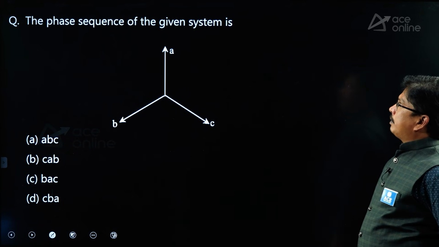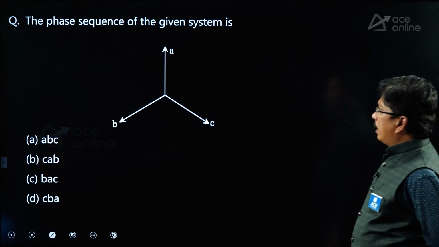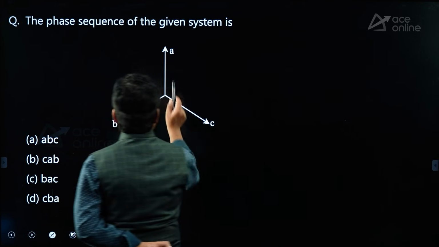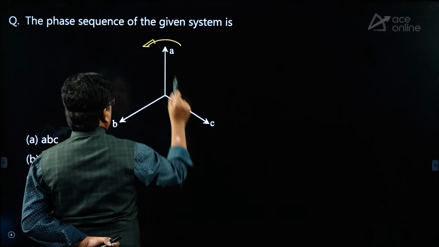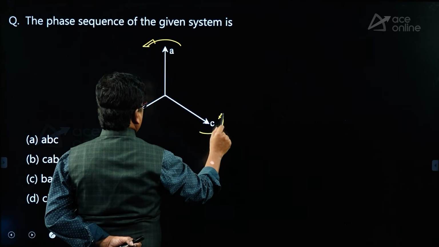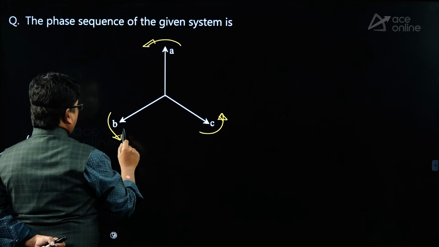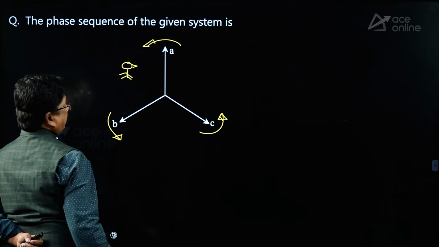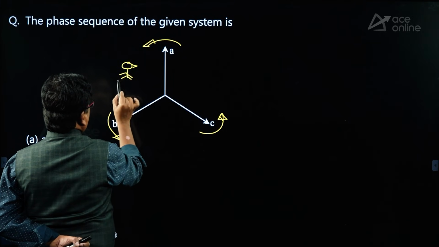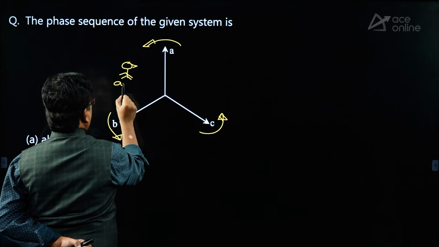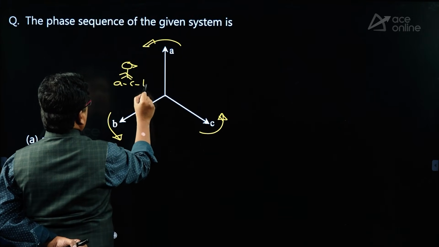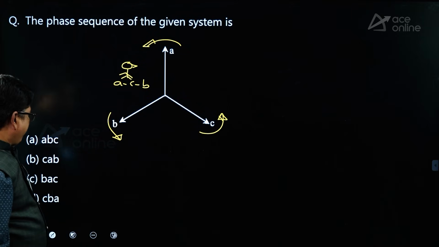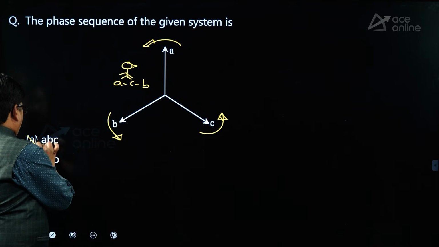The phase sequence of the given system: to identify the phase sequence, rotate all the phasors in the anti-clockwise direction, students, and a stationary person standing here looks like this. This person first meets the A phasor, then the C phasor, and then the B phasor. The phase sequence is ACB, but given is ABC, so it's wrong.